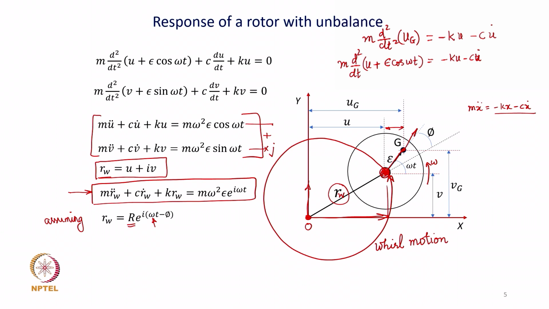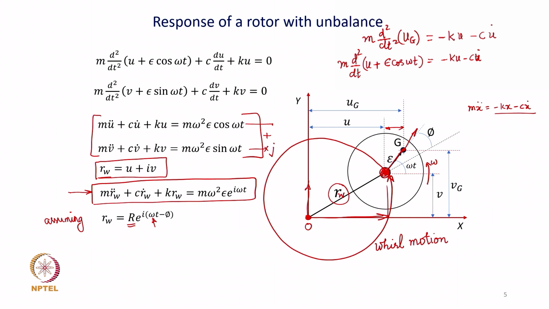This is valid most of the time, because most of the time the rotor is going to whirl with the same frequency as the rotational speed, because unbalance is what we have considered. The excitation force here is unbalance.